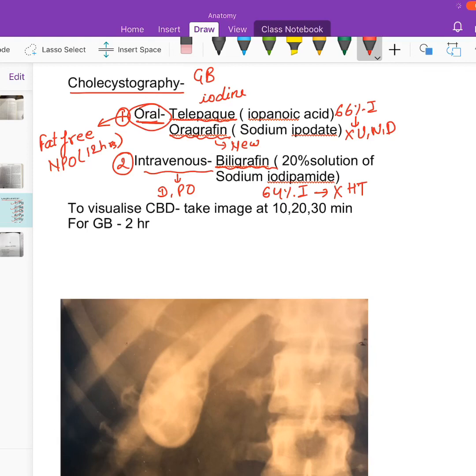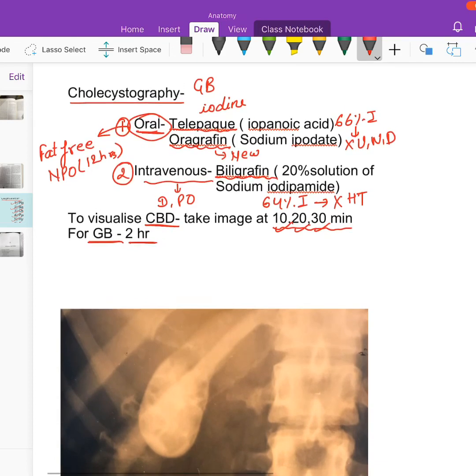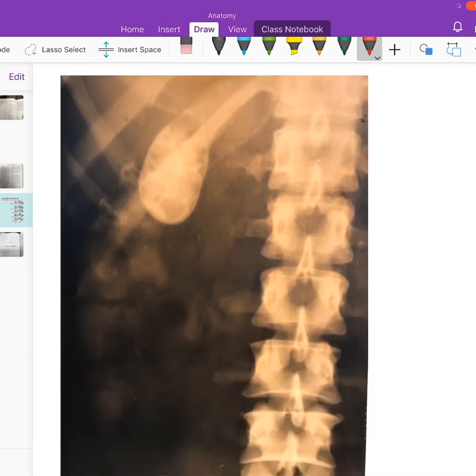In cholecystography, we will take serial films, like after 10 minutes, 20 minutes and 30 minutes of injection, to visualize the common bile duct. And the film to demonstrate the gallbladder should not be taken until 2 hours. This is a pearl-shaped homogeneous opacity known as the gallbladder, and it is seen in the angle between the 12th rib and upper lumbar vertebrae.